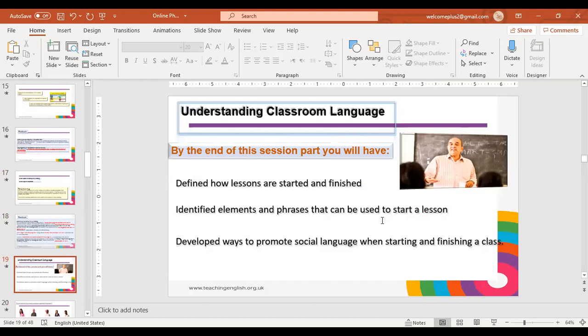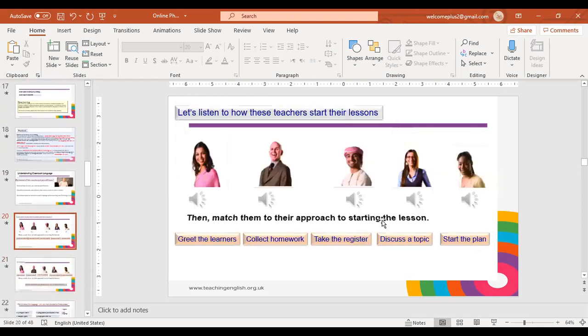Understanding classroom language. Of course, we have certain types of words or phrases that we use repeatedly with our students, right? Yes. Okay. Now listen to those teachers and match the way they start their lessons with one of those approaches.